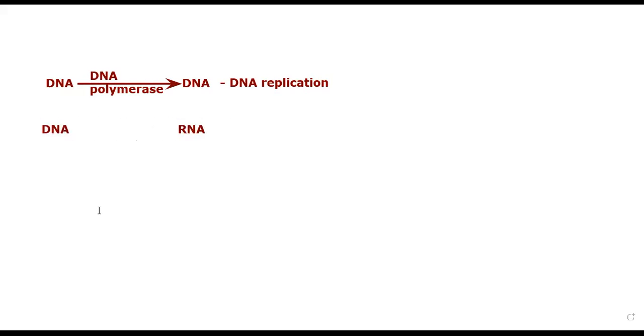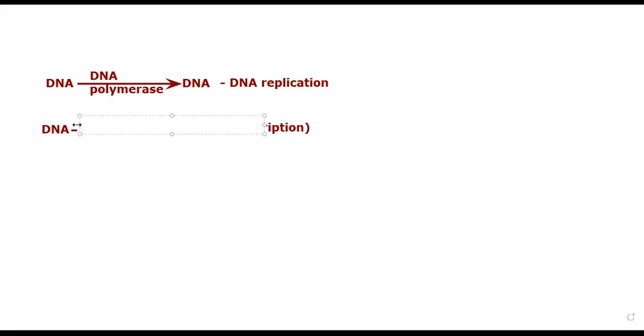Yes, sir. From DNA, what can be made? RNA can be made. This is called transcription. What is the name given? Transcription. This is the only way to produce RNA.